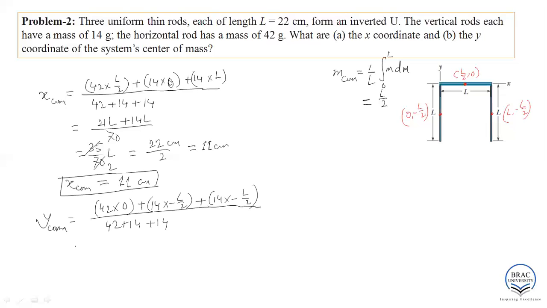So what do we get here? We get 70 in the denominator, and in the numerator minus 7L minus 7L, so actually minus 14L over 70. That means minus L divided by 5, which is 22 centimeter divided by 5, equal to minus 4.4 centimeter.